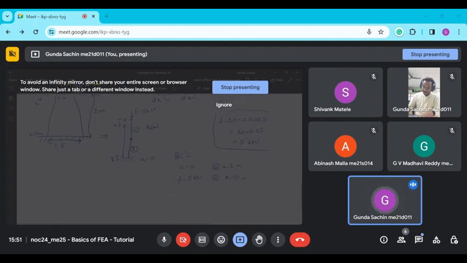and then once the elements are ready, you need to fix the interpolation functions. First point, two elements we are dividing. Second one, we are using a linear interpolation function.